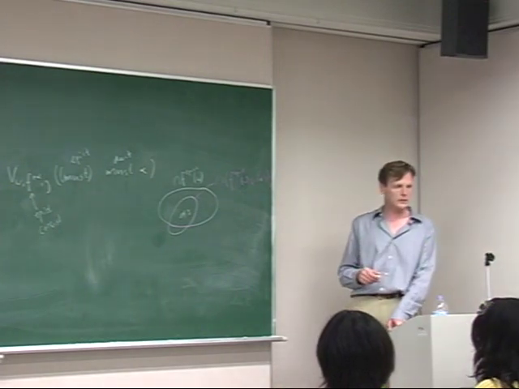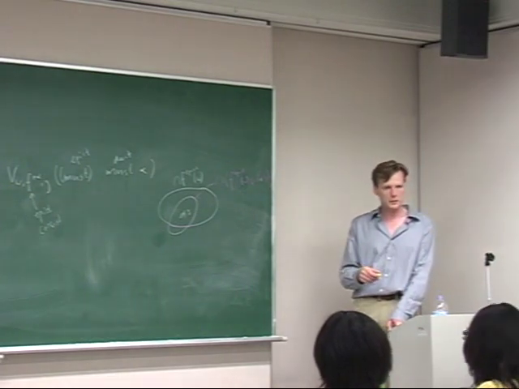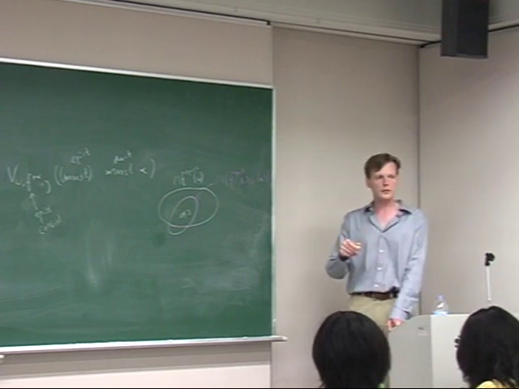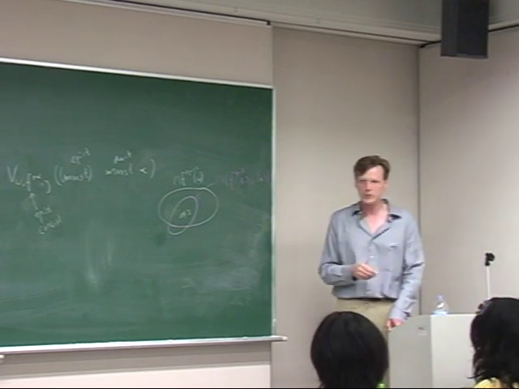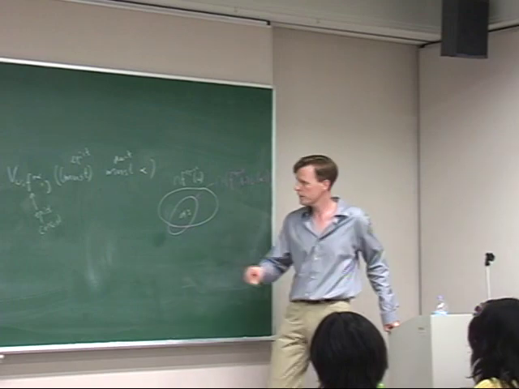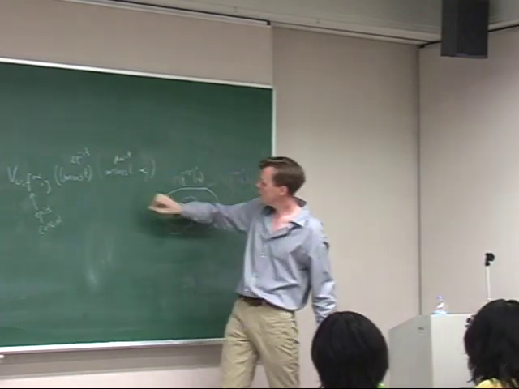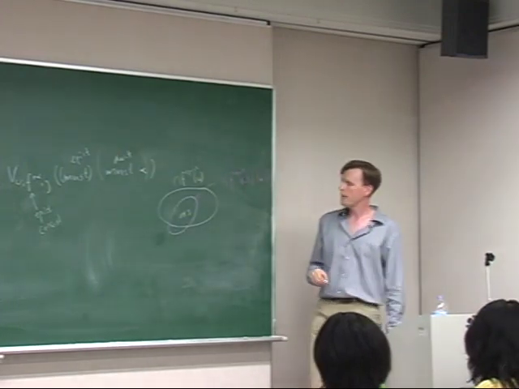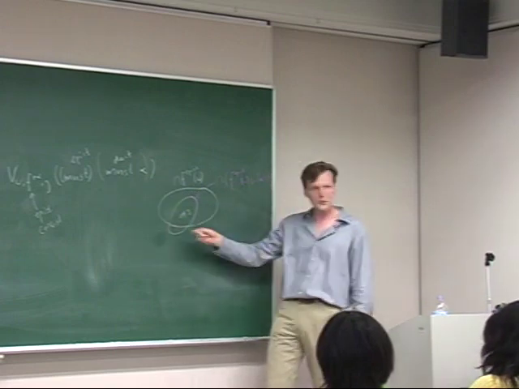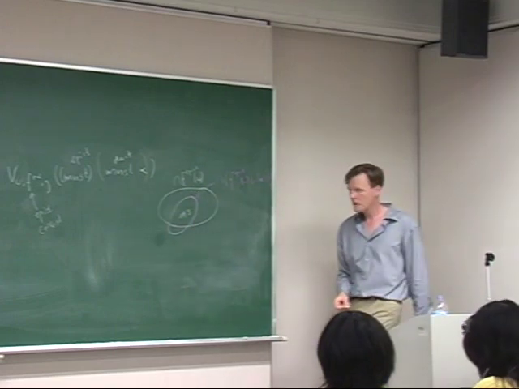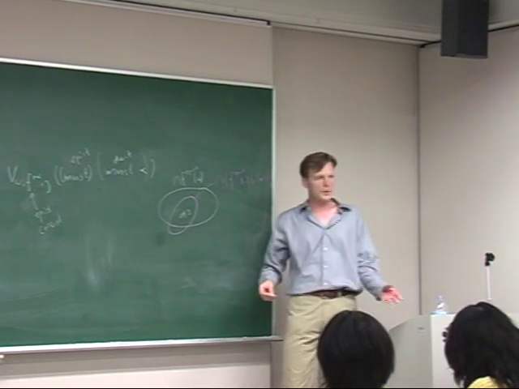Not does she drink Coke, but is the sentence she must drink Coke true at V? Right? Because this sort of goes together. So you evaluate this thing at all of the worlds in here. Now the modal is the modal sentence again.